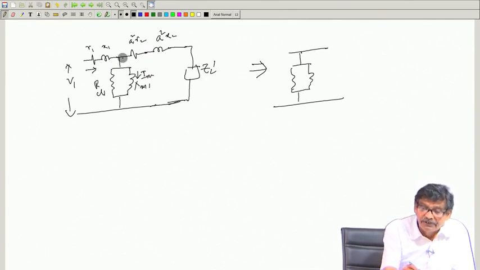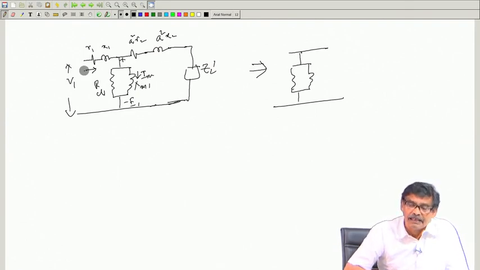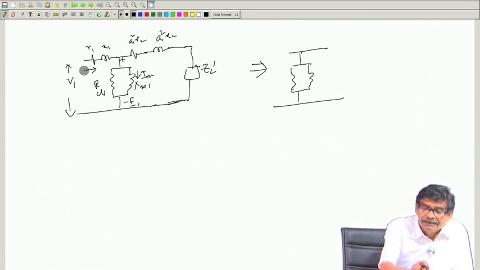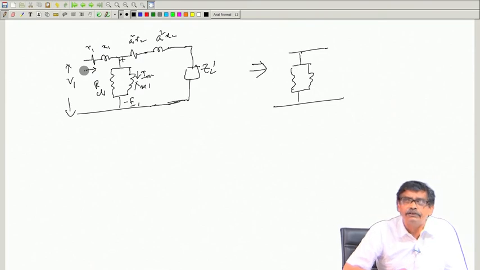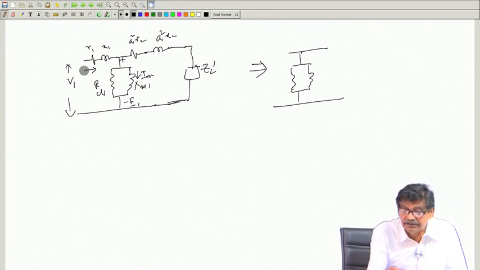Now, what is the difference between this voltage and this voltage? This is E1. It is this drop, but R1 X1 is small. Even when rated current flows, when you have connected a load, there will be little drop here, that will definitely decrease your phi. Phi max is E by 4.44 f, is not it?